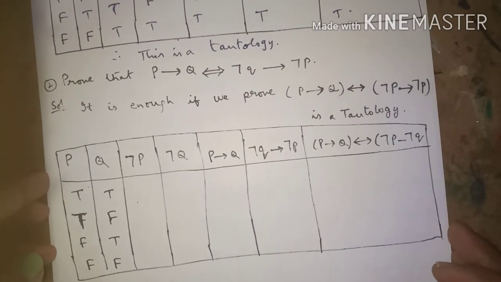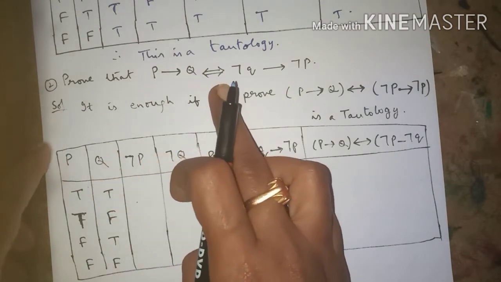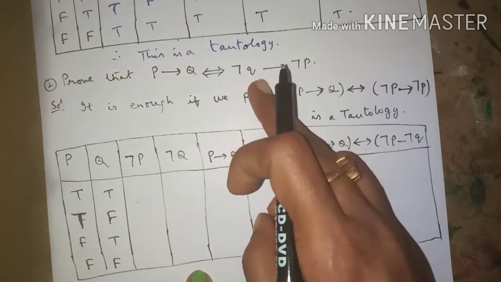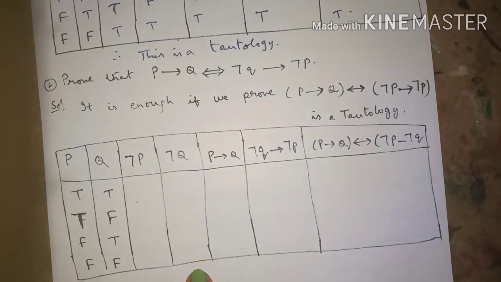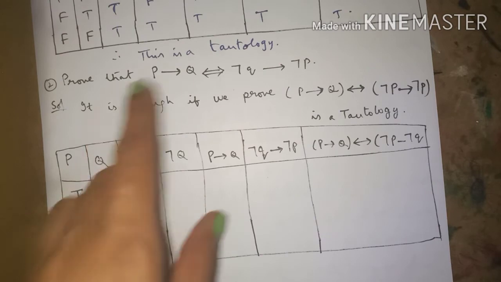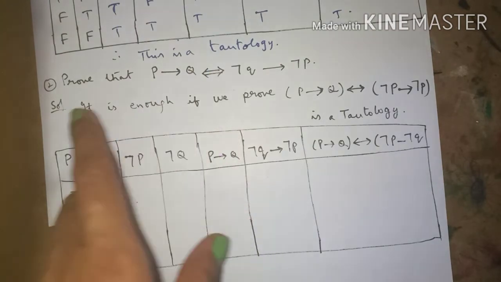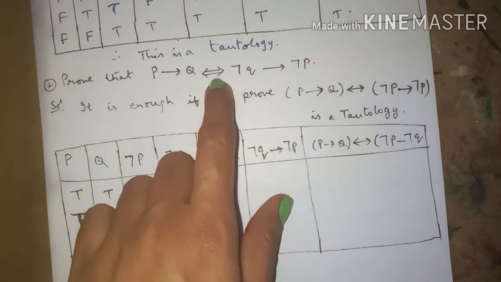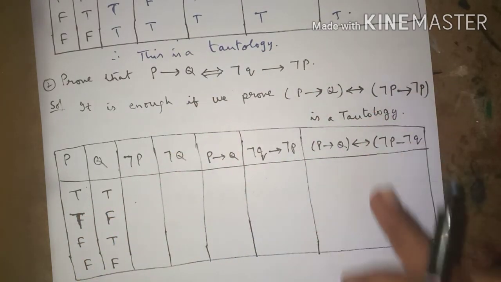Now, we have to prove if P then Q double implies not Q, arrow not P. To prove this, since double implication is there, a formula is there, it is enough to prove this is a tautology.